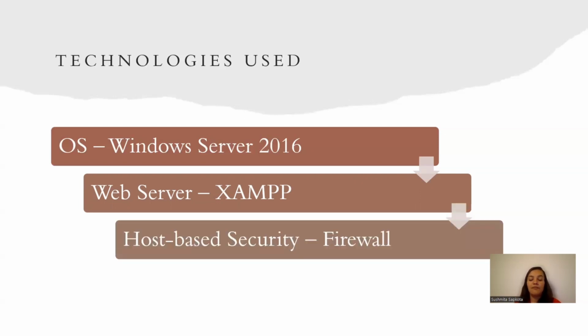Another technology that we have used in our project is a firewall as host-based security. Utilizing a firewall such as the one built into Windows or third-party solutions is crucial for safeguarding our system from unauthorized access and cyber threats.